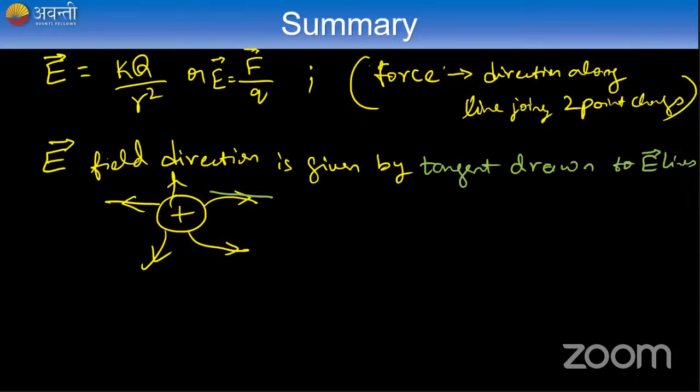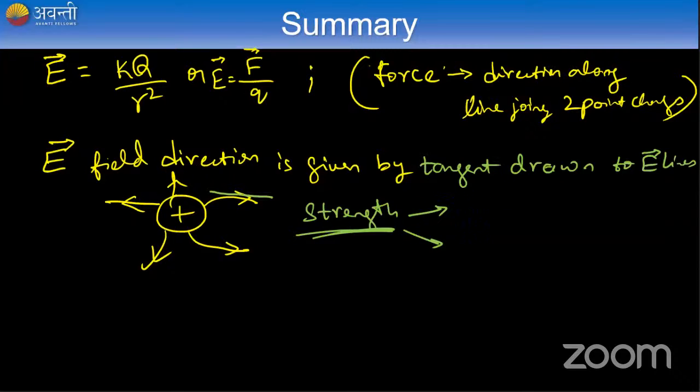Then how can we find the strength? Electric field lines also talk about strength. How? The tangent drawn to the electric field lines gives the direction. So how does an electric field line talk about strength?